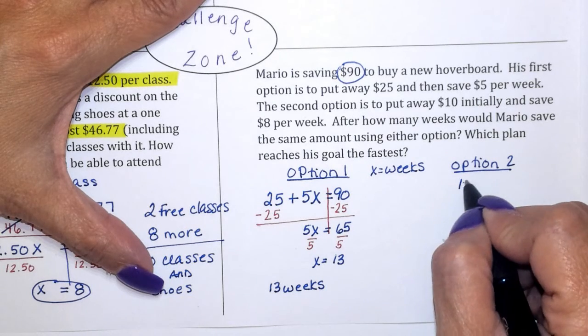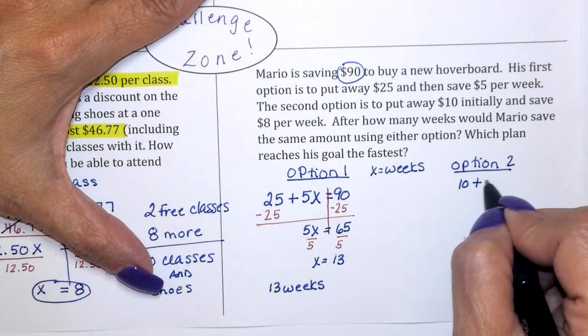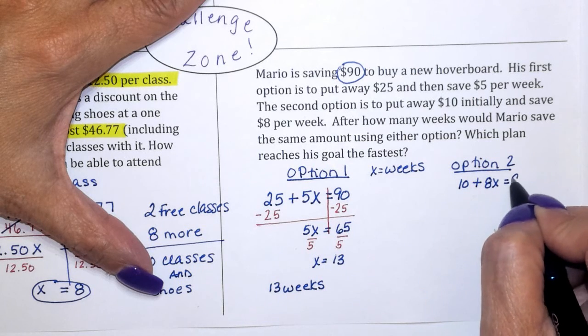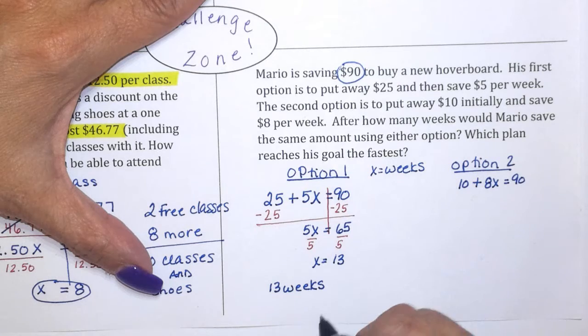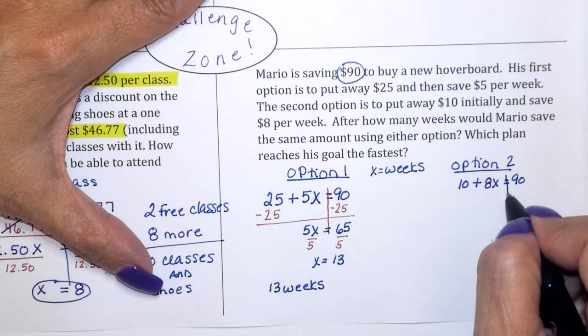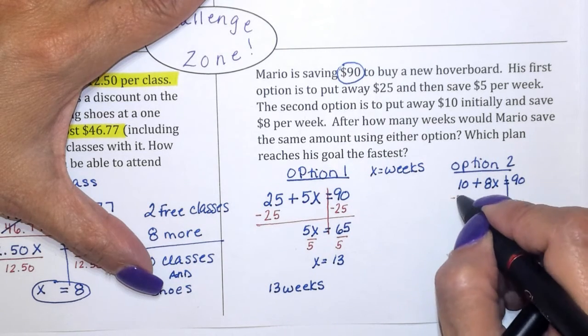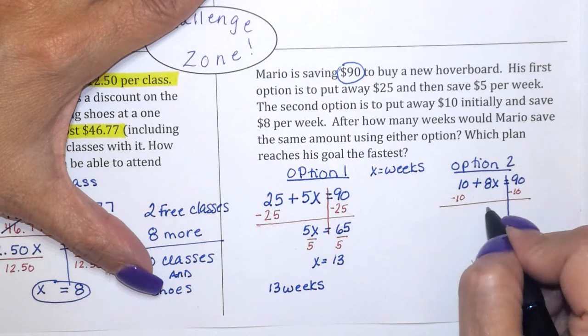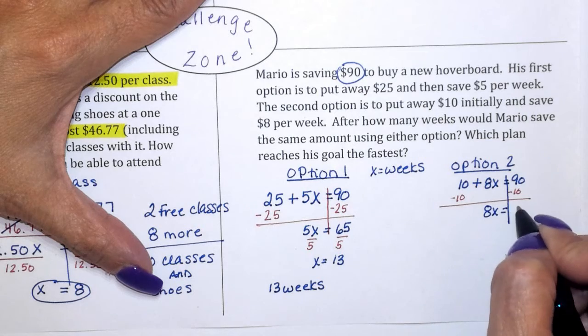Option 2, we're only putting away $10, but we're going to save $8 per week. When will that equal 90? All right, well, here we go. I'm going to subtract 10 from both sides. So that's going to be 8x equals 80.